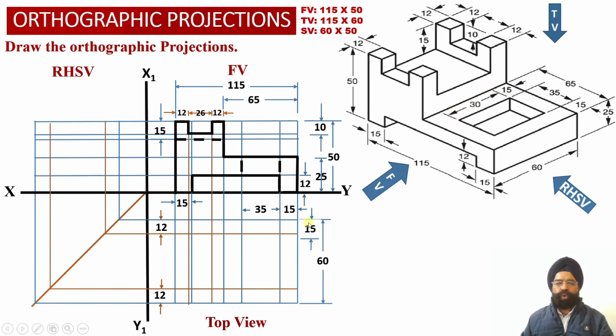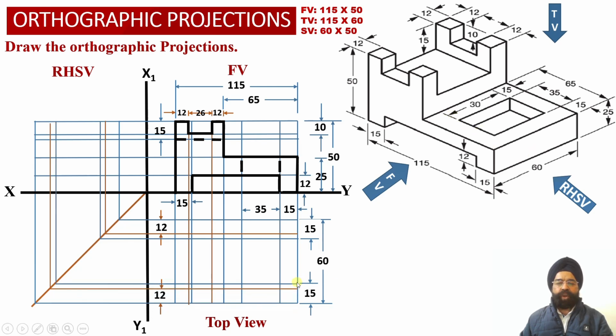So what we are going to do now, from the rear face at a distance of 15 millimeter, we have obtained a horizontal projector line corresponding to the slot, and we have transferred this horizontal projector line appropriately into the right hand side view projections over here. Similarly onto the front side also, from the front face of the solid, we have measured a distance of 15 millimeter corresponding to this edge of the rectangular slot in element number 1.